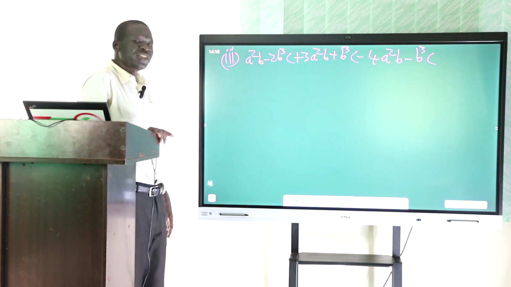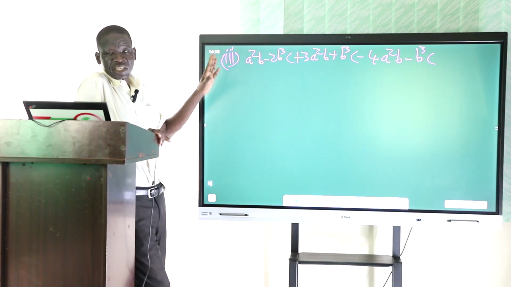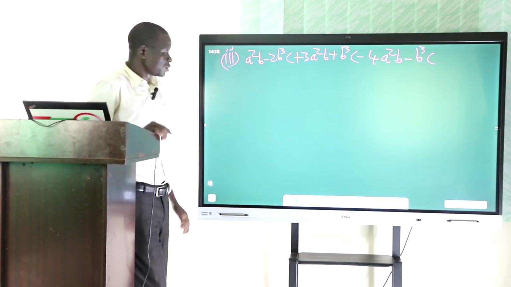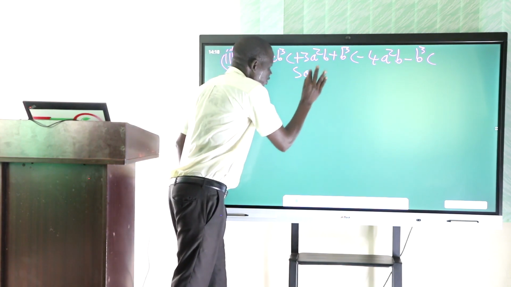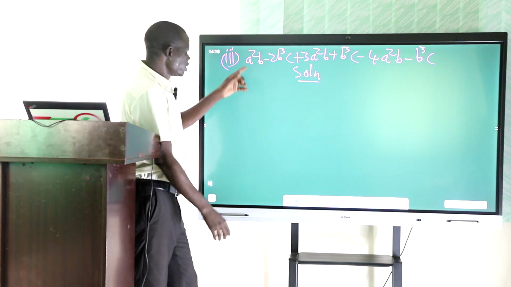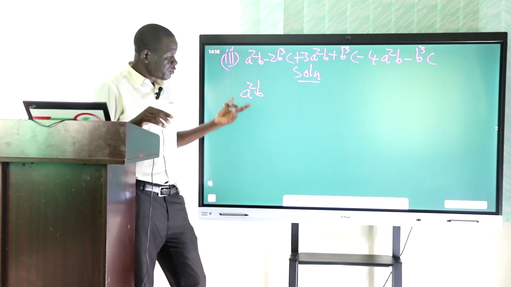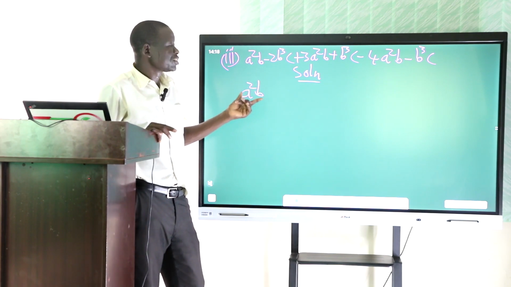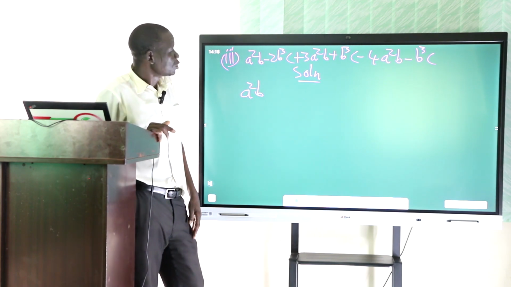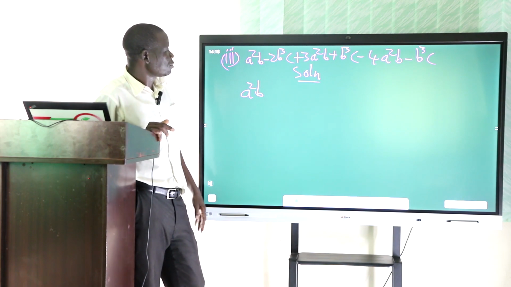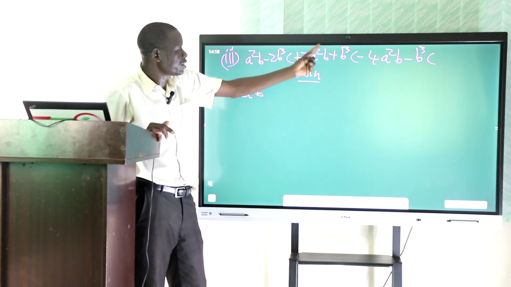Still, the method is the same. We just collect like terms. Terms which are similar, we bring them together. In this case, we have a squared b. Then we look for another term which is similar to a squared b. You can see that the term similar to that is the 3a squared b.